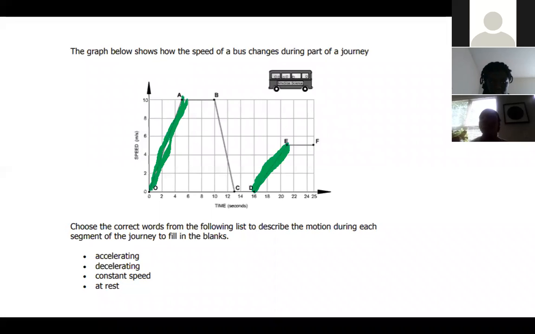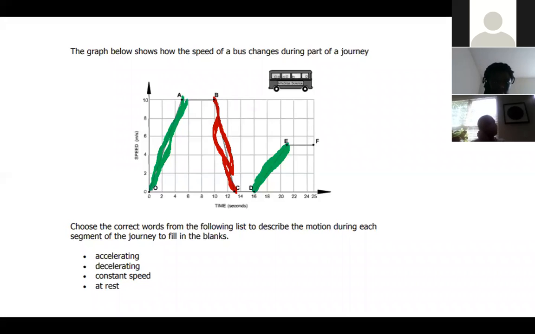Decelerating, let's use red for that one. Decelerating, where's that at? B to C. Very nice. B to C, we are decelerating. I am really bad with this mouse, okay? Constant speed, how about purple?